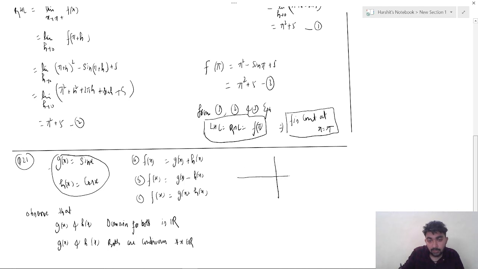Observe that the graph of sin x is like that. We can draw the graph of sin x without lifting our pen. And what is the cos x graph? The cos x graph is like that.